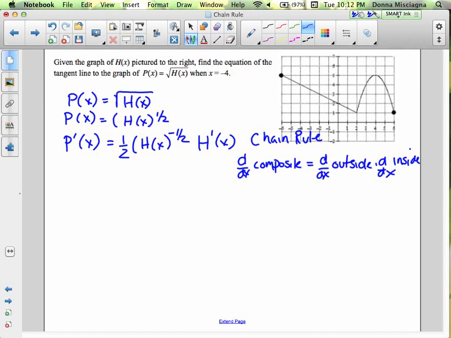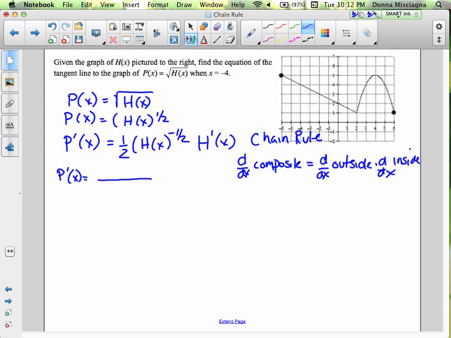All right, so now let's figure out the rest of this here. We have p prime of x is, let's clean this up a little bit. The h of x to the -1/2, that's going to go to the denominator, as is the 2.